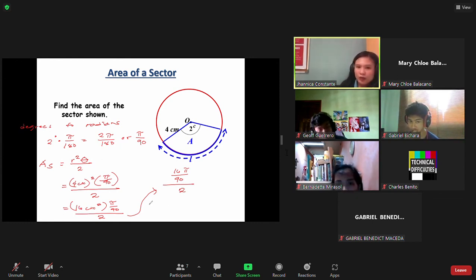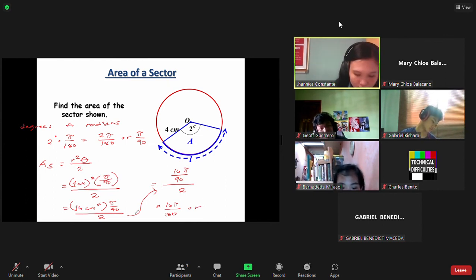In fraction form, we will have 16 pi over 180. In decimal form, we have 0.1.